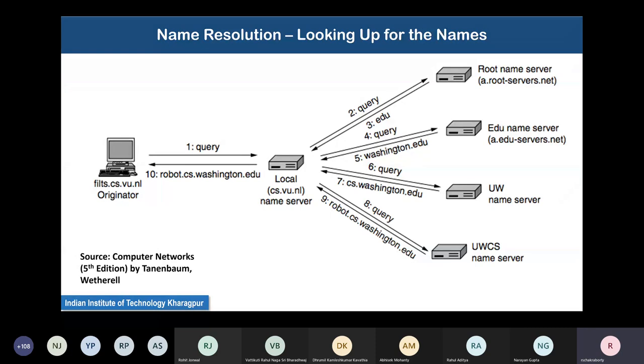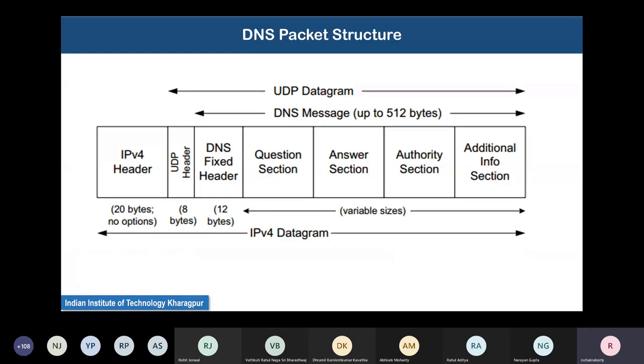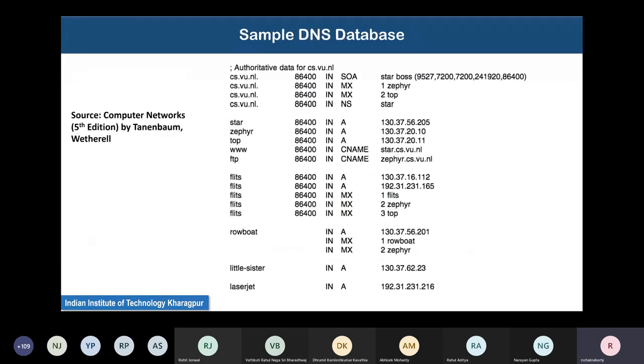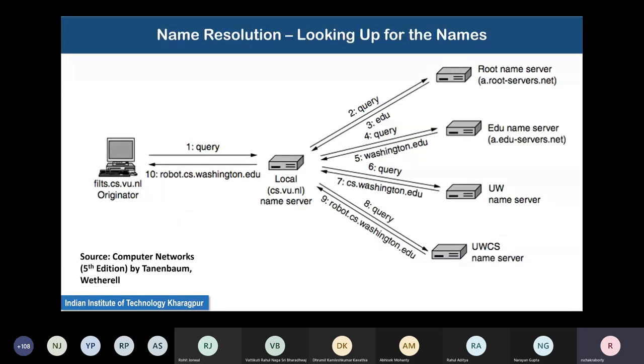However, they need not be updated that often, luckily, because if you look at this hierarchical tree structure, the first level domains, aero, com, edu, gov, museum, org, net, and then the country domains, these do not spring up very commonly. So these are not things that every day a new one will be invented. It is not like that. So luckily the root level name servers do not need to be modified that often, otherwise it would have been difficult.